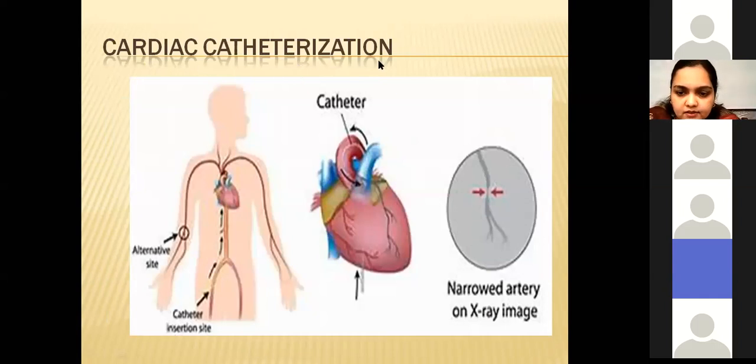Cardiac catheterization is another method in which a catheter with a radiopaque substance is introduced into the peripheral veins, and then it goes into the heart, and again one can visualize the circulatory function of the heart. These are 2 methods to see how the heart is functioning.